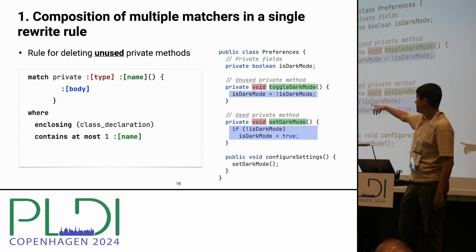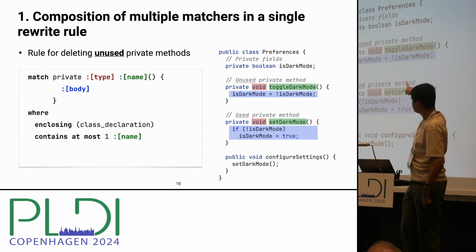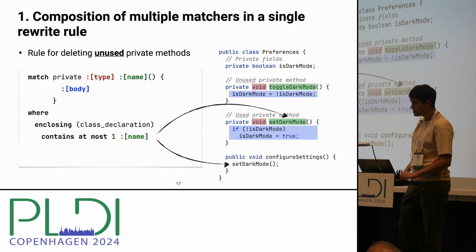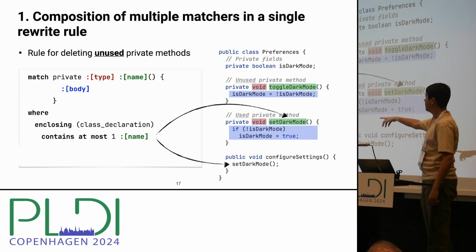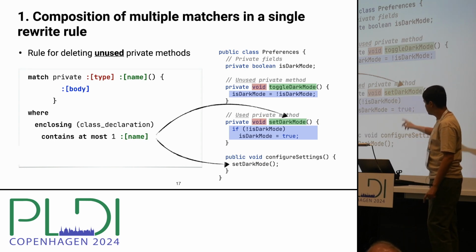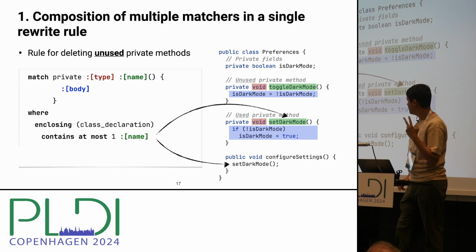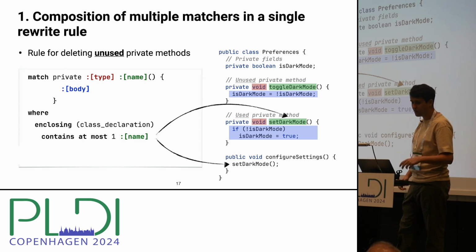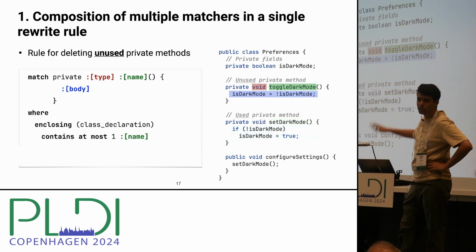The name is whatever you selected in green here. Notice that this identifier, setDarkMode, that we selected from there, is used 2 times within this class. So heuristically, this is not an unused private method, and it will not be selected by Piranha because the matchers are not satisfied.